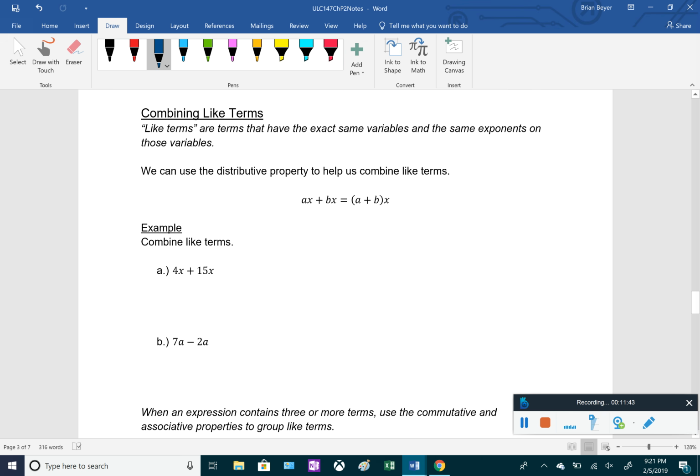So we're going to be using all of those properties to help us simplify expressions. So we're going to do that by combining like terms. And as we mentioned on the first page, like terms are terms that have the exact same variable factors, which means they have the same variables with the same exponents on those factors. So technically, when we're combining like terms, we're using the distributive property, except we're doing it in reverse, essentially.